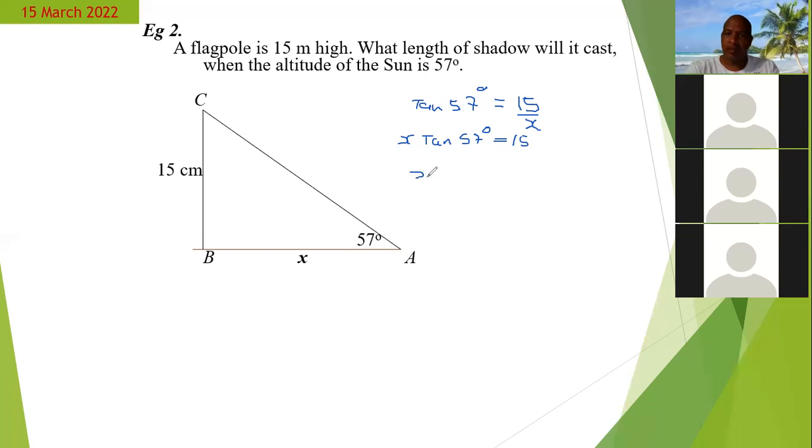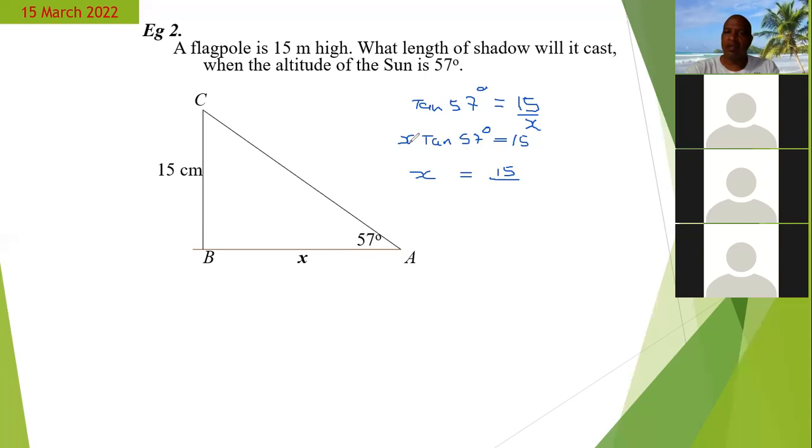So x on this side, move the tan 57 to the other side. We're going to have what? If the tan is multiplying on the left, when you move it to the right, what are you going to use it to do? Remember, you have to do the opposite.